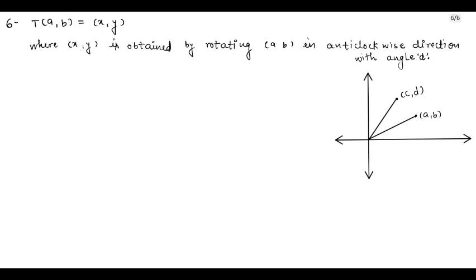Initially, the point makes some angle theta, right? We rotate by angle alpha, but the length stays the same. If we say this is r, then this is also r.